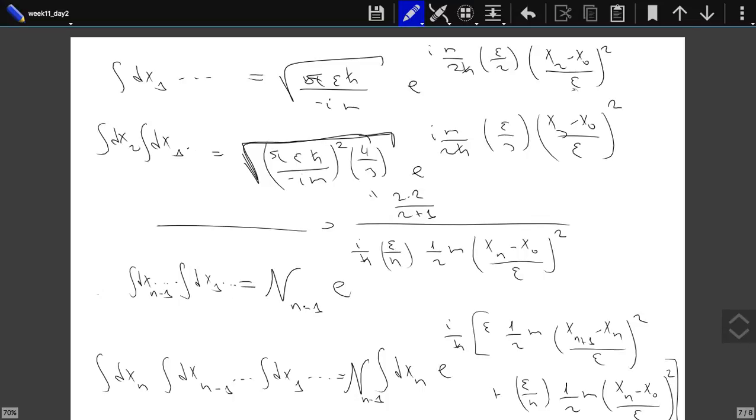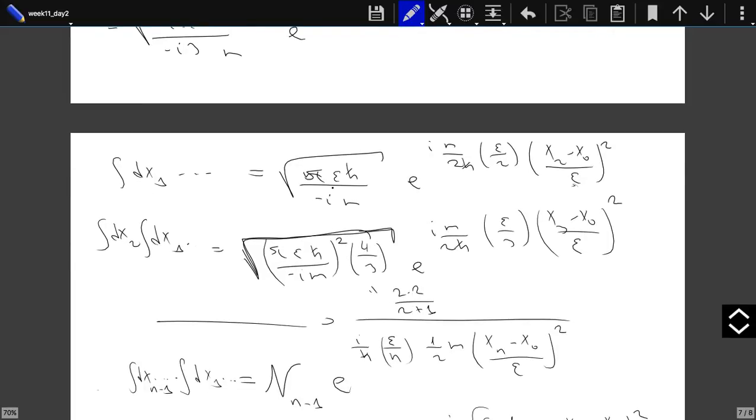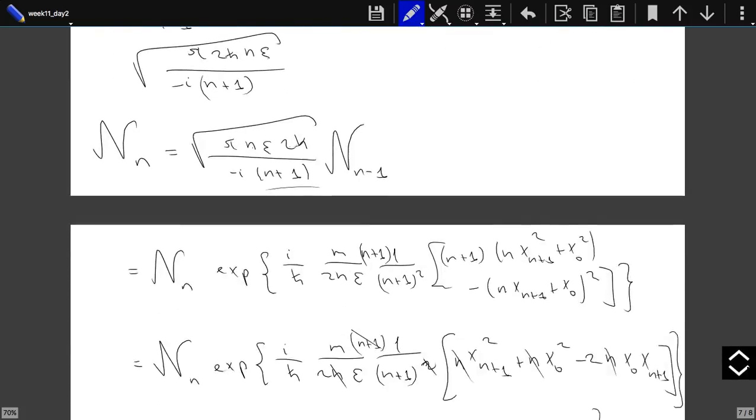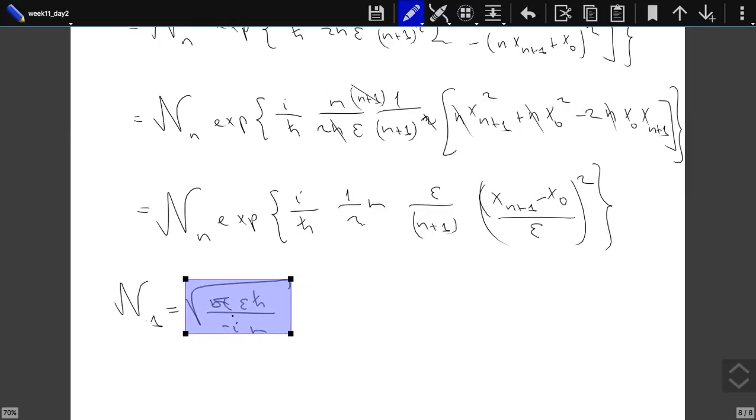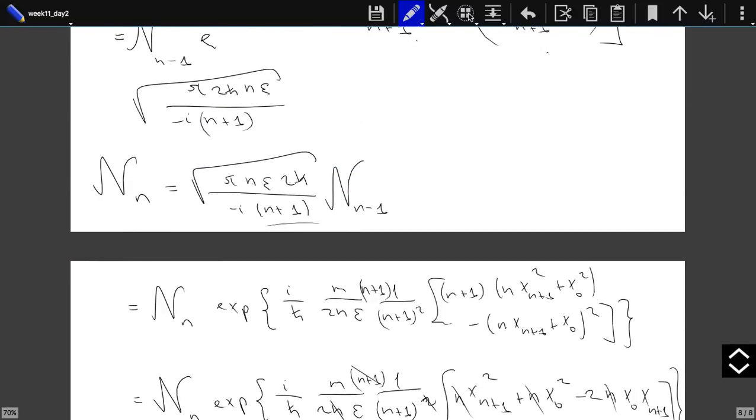I had already evaluated it. This is my N1. And we had already seen how we can relate various normalization factors.